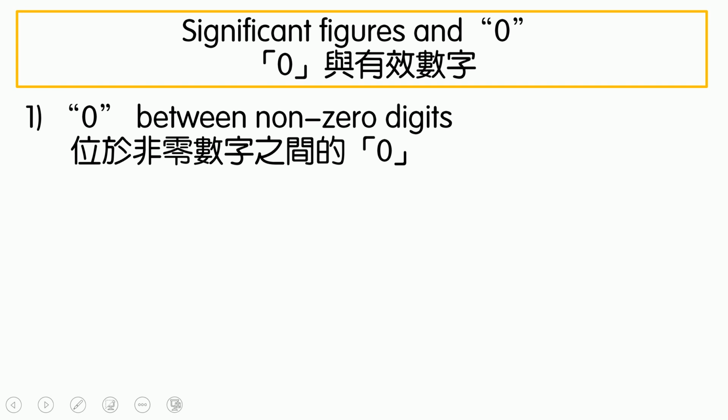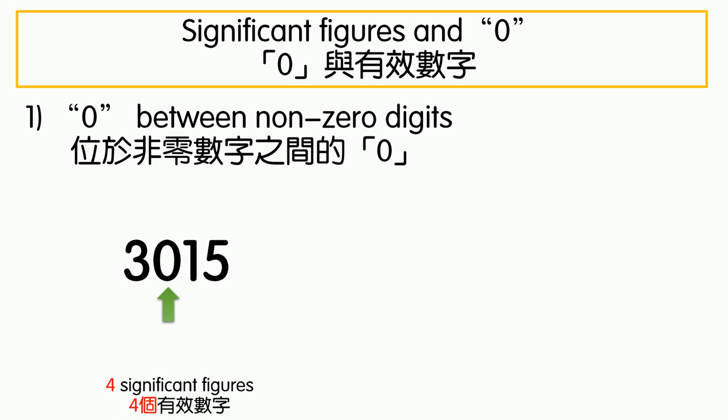The first one is zero between non-zero digits. Here is one example, 3015. This 0, if we take it away, changes the value to 315. So that's why this 0 is very important. We will count it as significant.